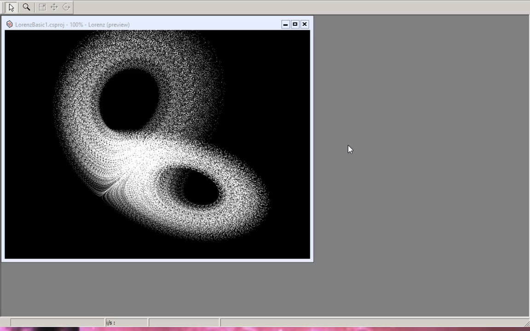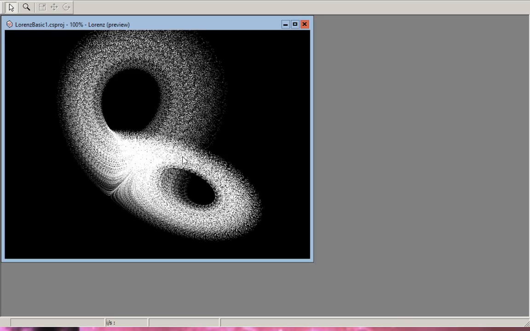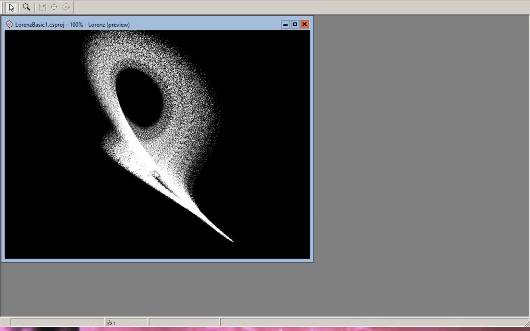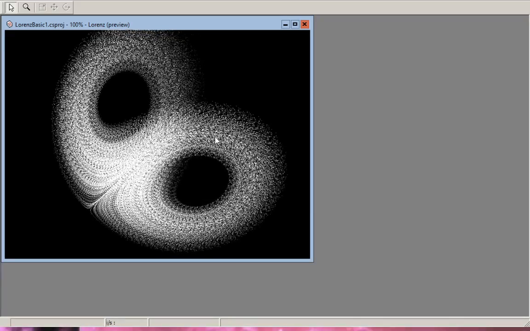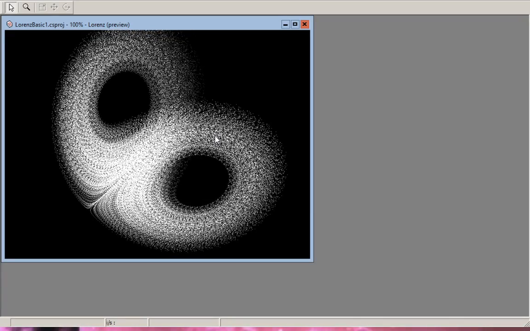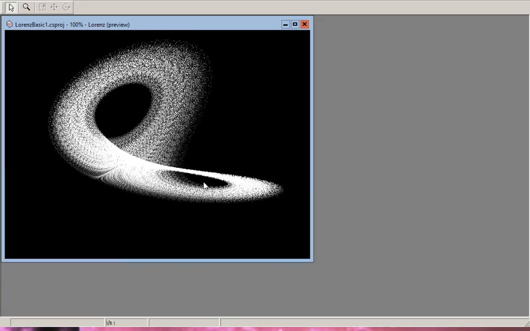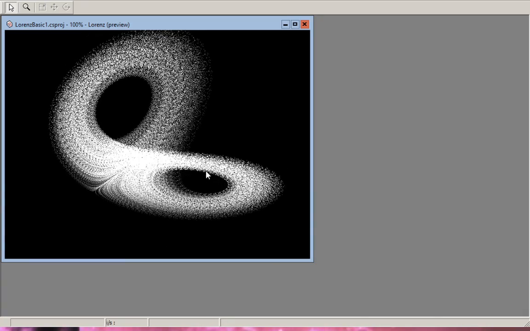This is the Lorenz basic attractor. Now, this is a three-dimensional graph, but it's taking the plots and plotting them in a three-dimensional form.